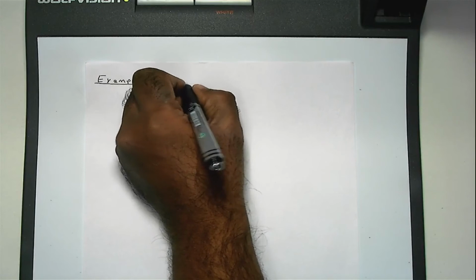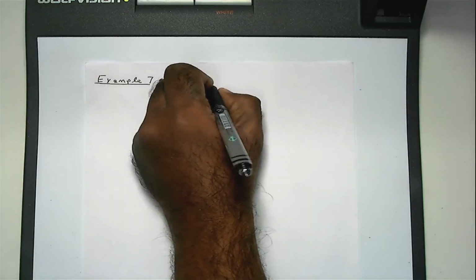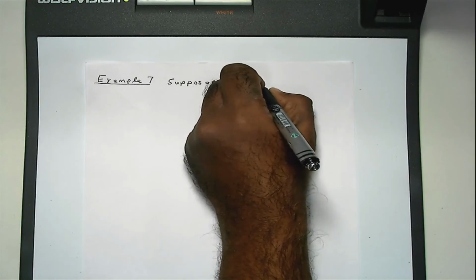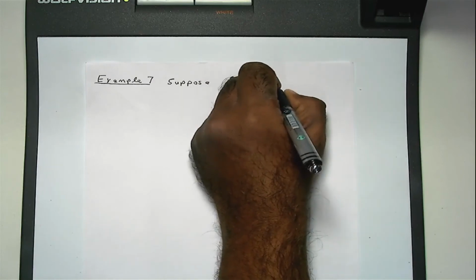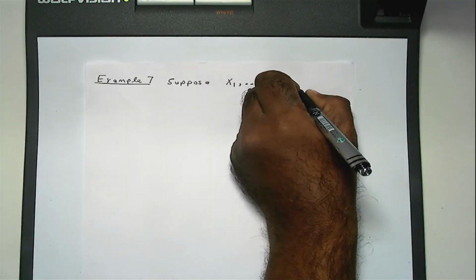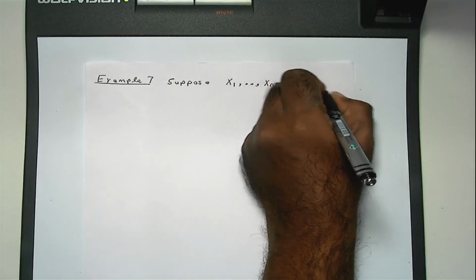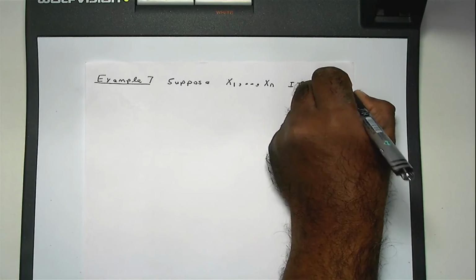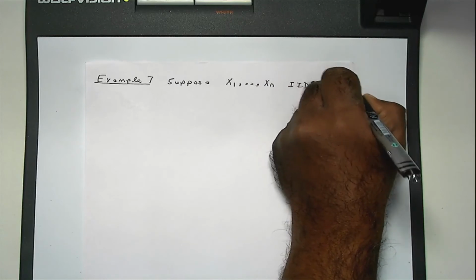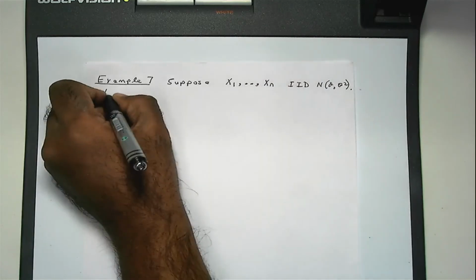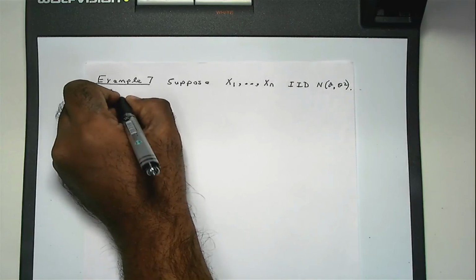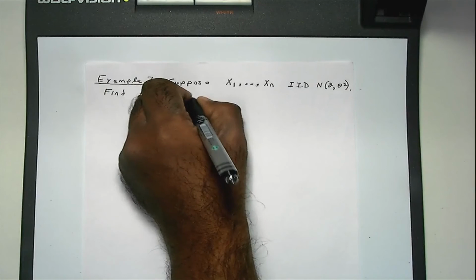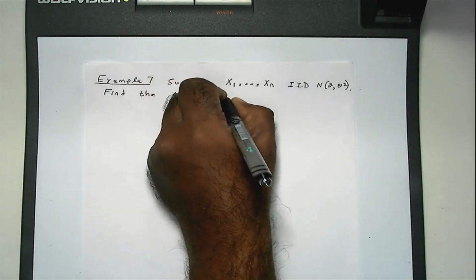Suppose you have data x1 to xn, IID from a normal distribution with mean equal to theta and the variance equal to theta squared. And the question is to find the MLE of theta.